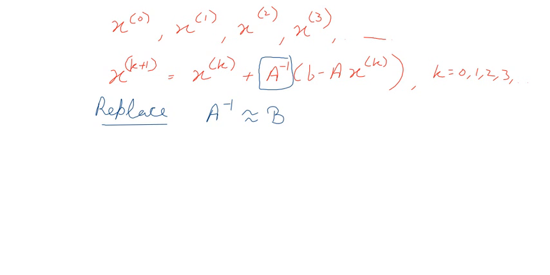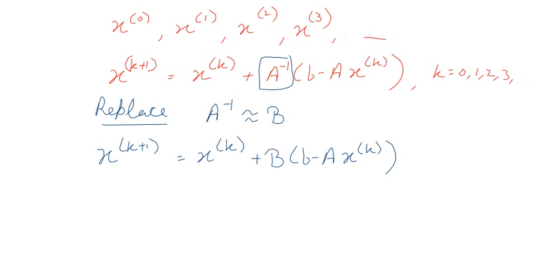By using the Neumann series you can do that. So the scheme is x(k+1) is equal to xk plus B times (b minus A xk), where B is an approximation of the inverse of the matrix.